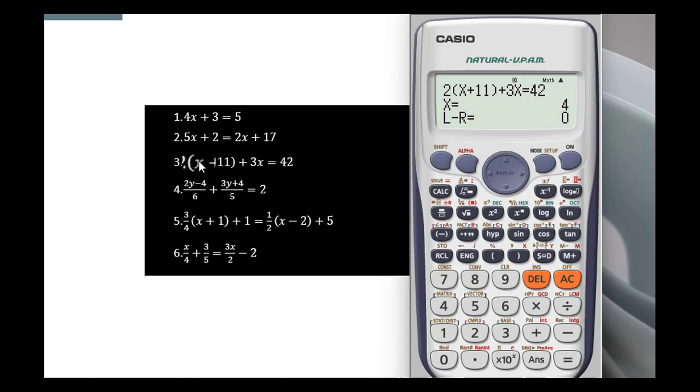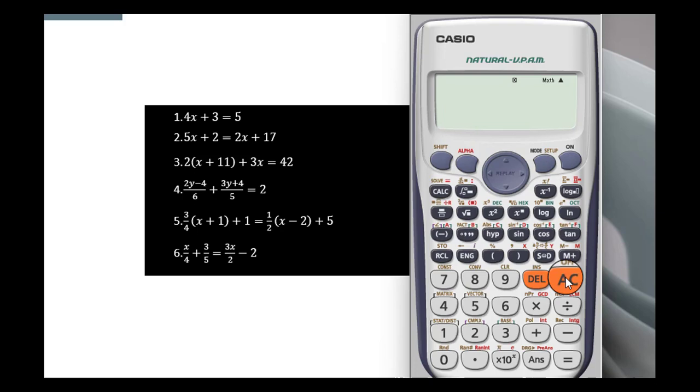Now let's go to more complicated expressions as you can see here. Number 4, we have 2y minus 4 all over 6 plus 3y plus 4 all over 5 is equal to 2. And now one thing you need to know is that the linear equation solver found in your calculator can only work with the values of x.